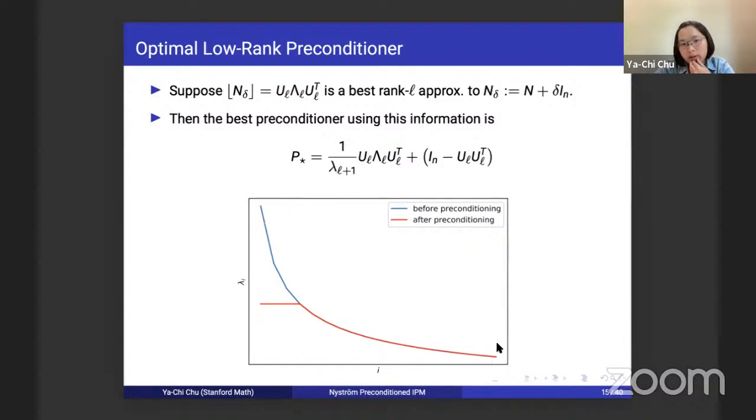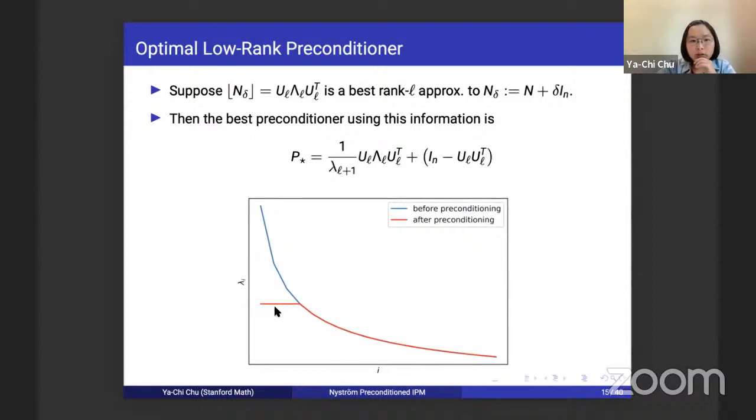Okay, so you see that the original condition number is this number divided by this small number, maybe like 10 to the 10 divided by 10 to the -1. But now after preconditioning, you maybe flatten the top eigenvalue to like 10 or something. Then the condition number decreases a lot, by like a 10 to the 9 factor.